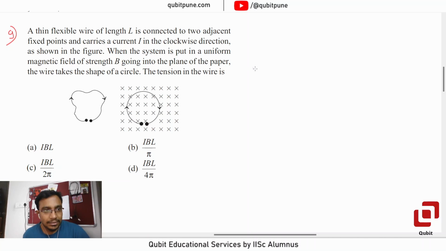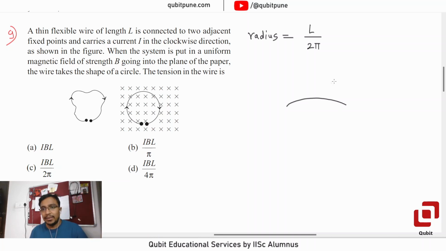Now look, the length of the wire is L. So what will be the radius? Radius will be circumference upon 2 pi. Now, because of the circular symmetry, we can imagine any particular length element of that wire.